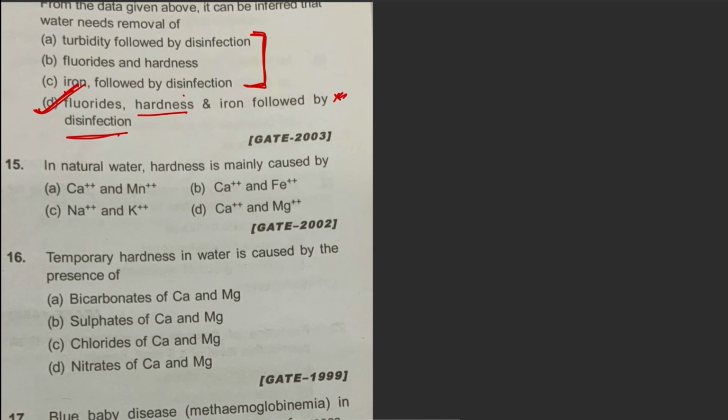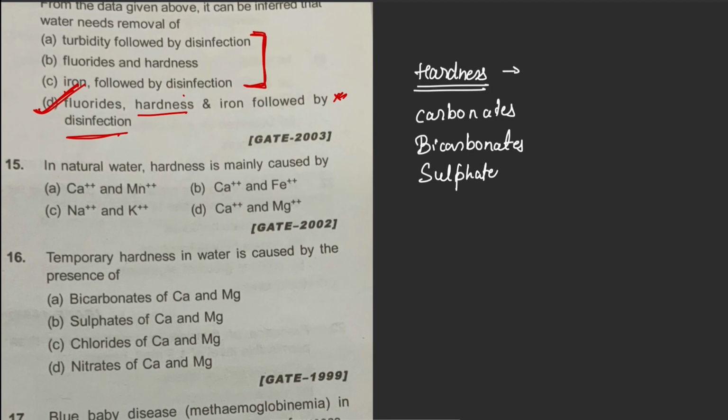So see, hardness is caused by the presence of carbonates, bicarbonates and sulfates, chlorides of what? Of calcium and magnesium. Calcium and magnesium, we can say aluminium sometimes.